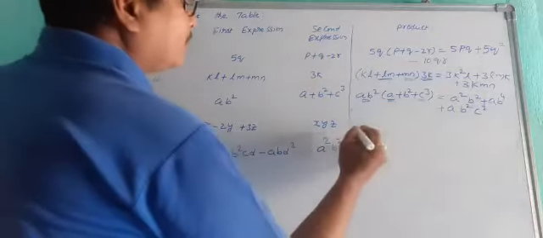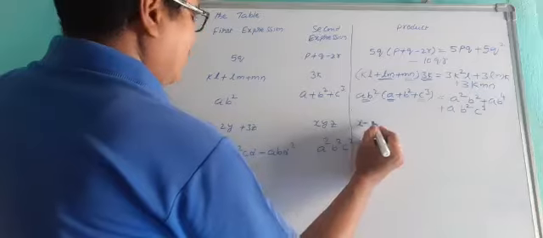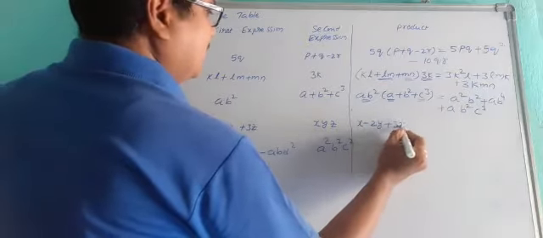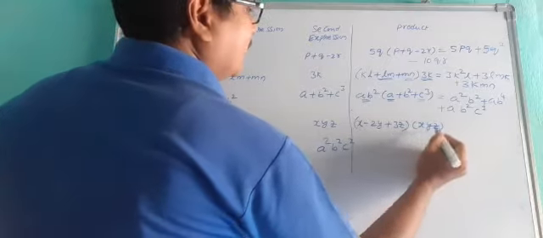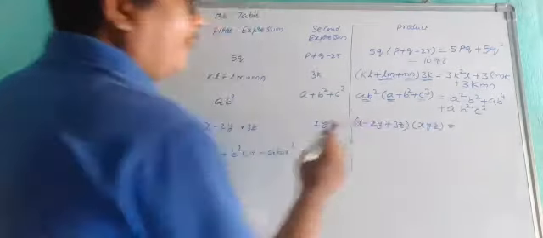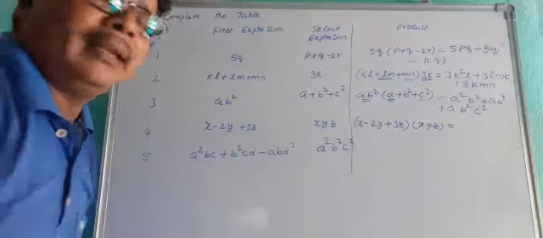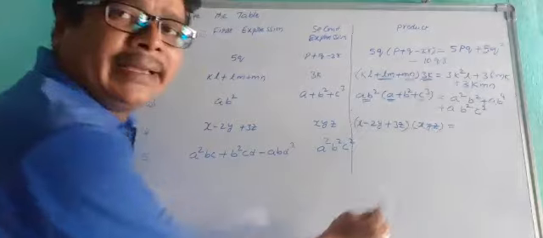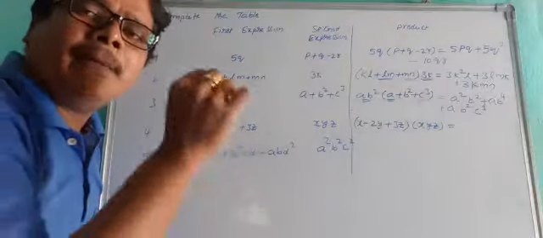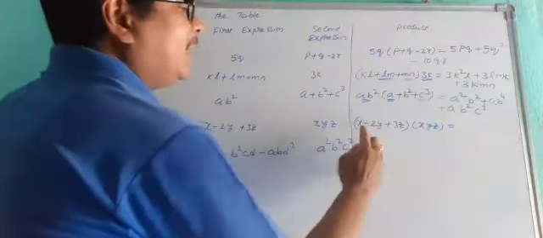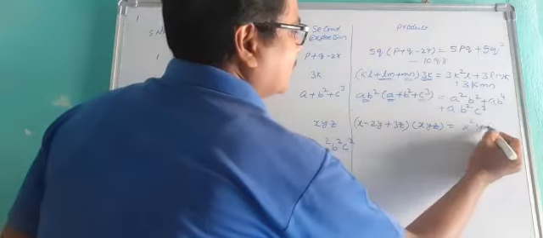Okay, next one, this is the trinomial x minus 2y plus 3z into xyz. So that means the product of trinomial into monomial. You have to multiply each and every term of the trinomial with the given monomial. So xyz into x equals x square yz.